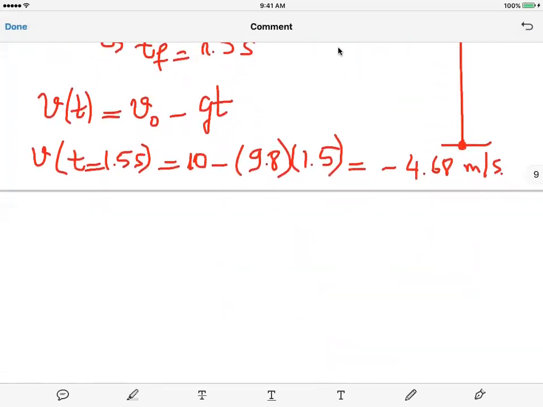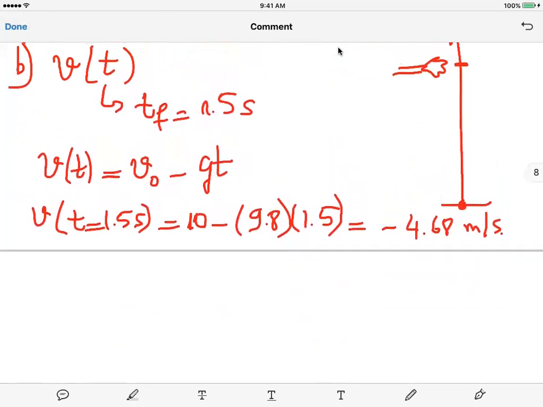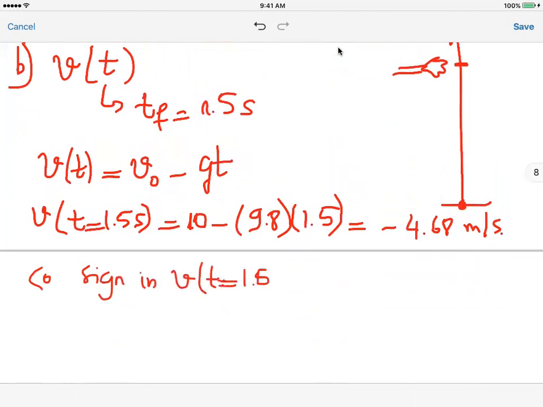Note that you have a minus sign in this value, and don't forget that the minus sign in the velocity v, evaluated at 1.5 seconds, indicates that at the time these keys were caught, the velocity was pointing downward.